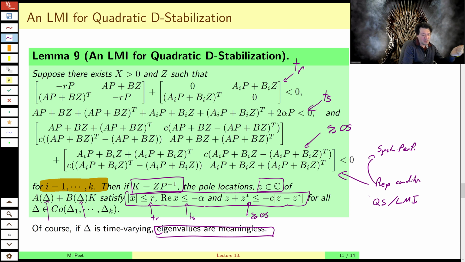That connection is very, very dubious, right? Remember, quadratic stability tries to go directly to system performance without going through robust stability and representation eigenvalue stuff. So again, interpret this with caution, and probably don't use it.